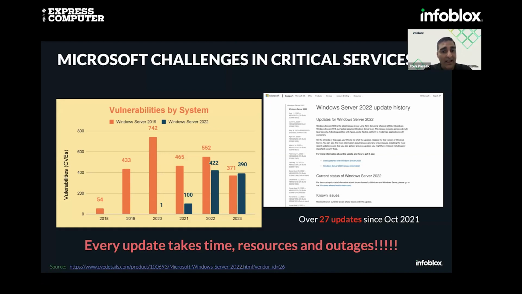For Windows Server, in 2022, 422, and in 2023, 390 vulnerability CVEs have been identified. Every bi-weekly CVE protection or patch has to be implemented. But on the other hand, it has been impacting people, who are furious about that.